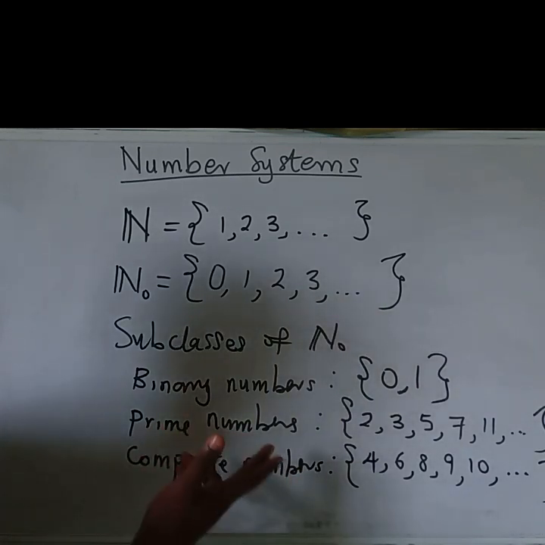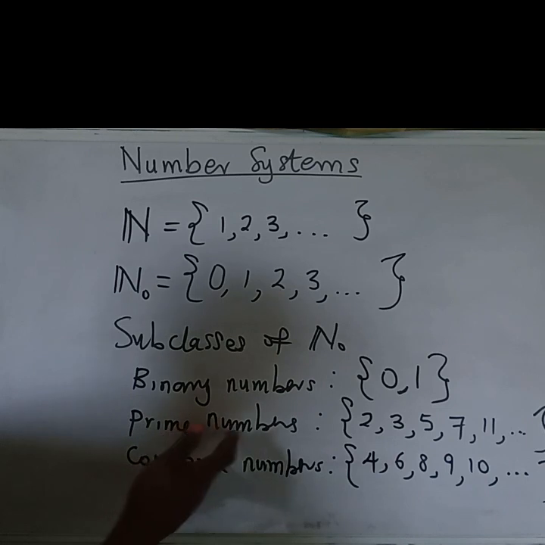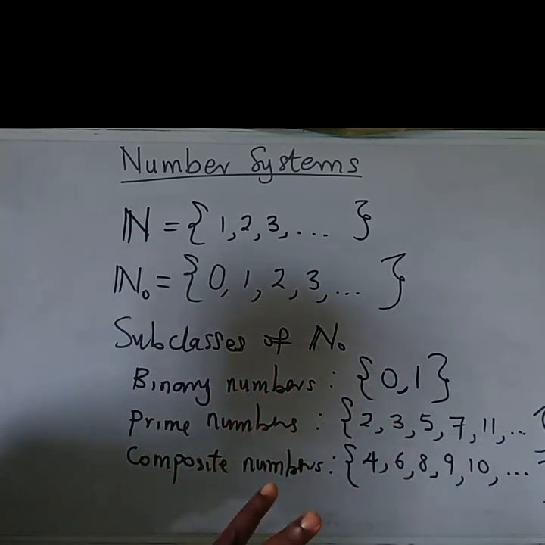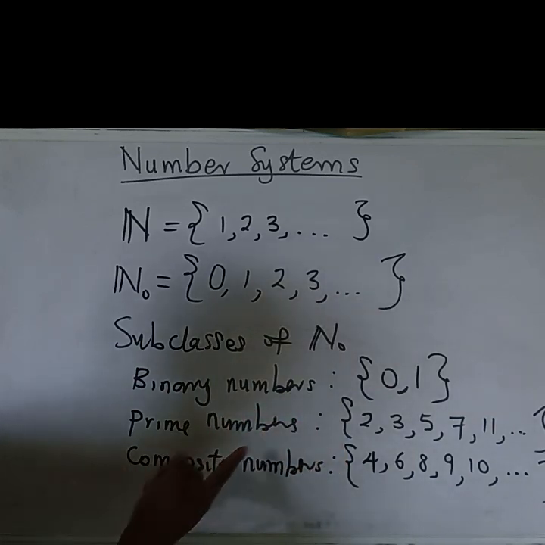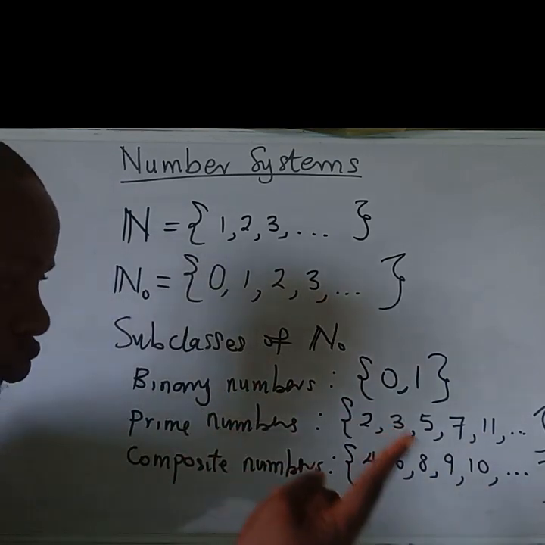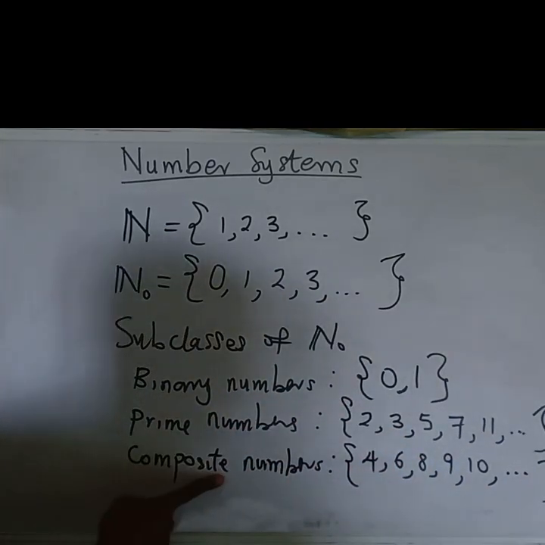Just as we have said earlier that the prime numbers cannot be broken down into 2 multiplicative numbers, this cannot be broken down, but this does.